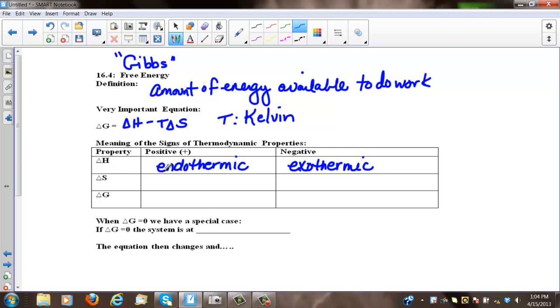If my delta S is positive, that means I'm more disordered. If my delta S is negative, then I have more order, or less disorder.